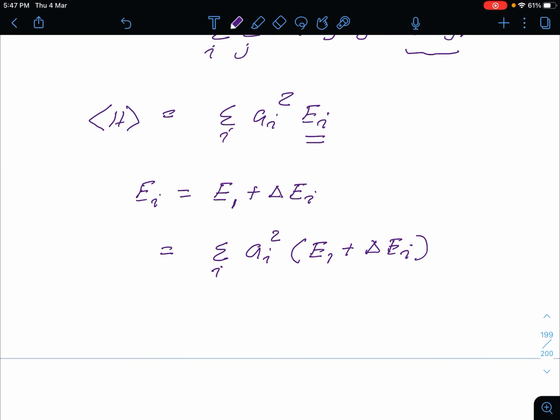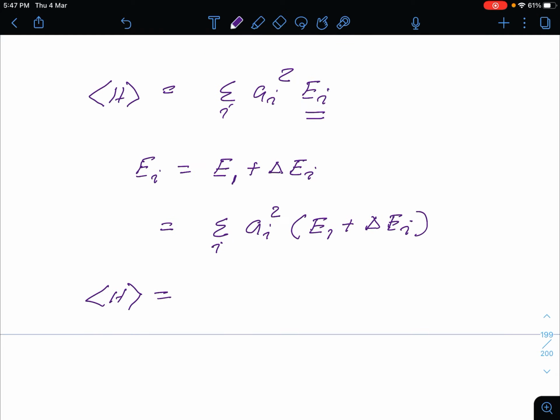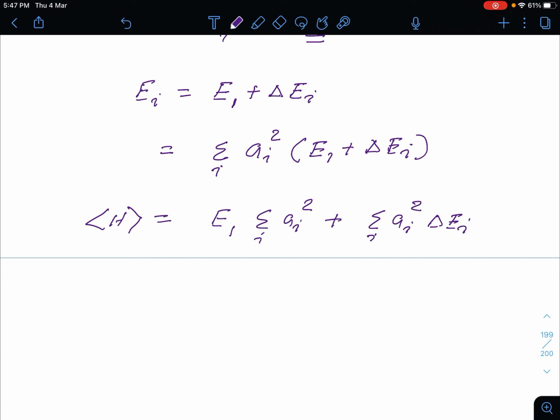Good. So now I can expand: the expectation value of H is equal to E1 times the sum over i of a_i squared, plus the sum over i of a_i squared delta E_i. We know the summation of the squared coefficients is equal to 1.